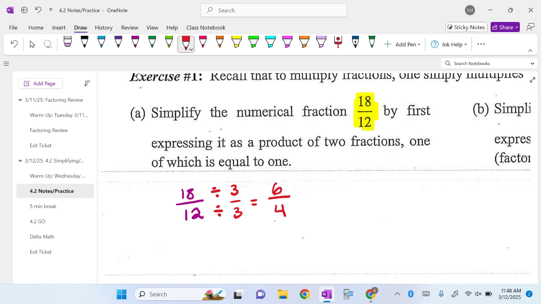Now, is that fraction fully simplified, or can we keep going? We can keep going. What can I divide into both 6 and 4? 2. So then I'm going to divide both of these by 2. So 6 divided by 2 is 3. 4 divided by 2 is 2. Am I done? Yeah. So this will be my simplified fraction.